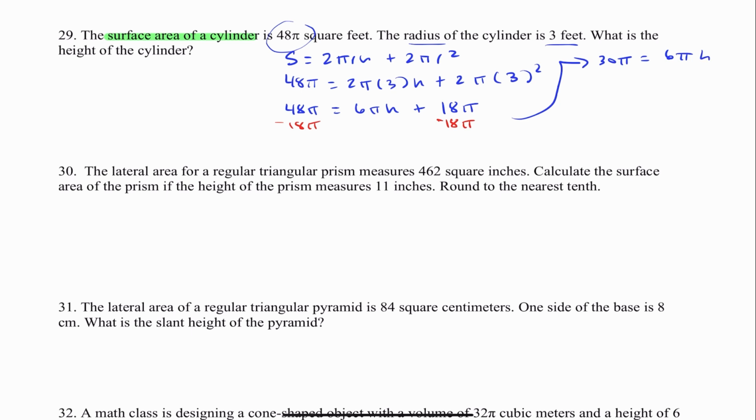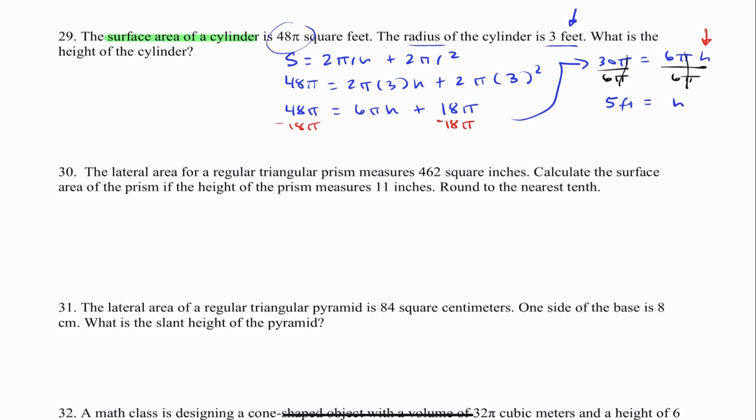And then I'm going to solve for h. So I'm going to divide both sides by 6 pi. So the pi's will cancel. And then on the left-hand side, 30 divided by 6, of course, that's going to be 5. So 5 equals h. And our unit of measurement is feet, so it's actually 5 feet for the height, okay? All right, so number 30, the lateral area for a regular triangular prism measures 462 square inches.